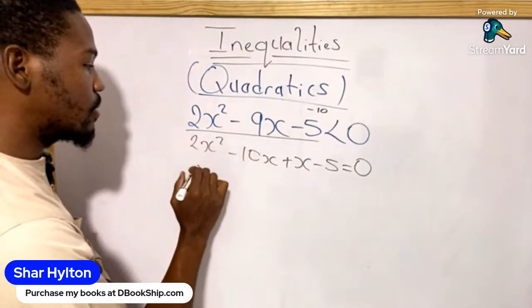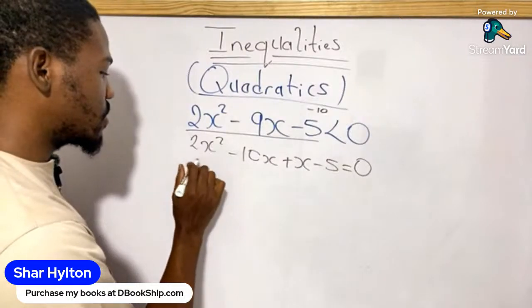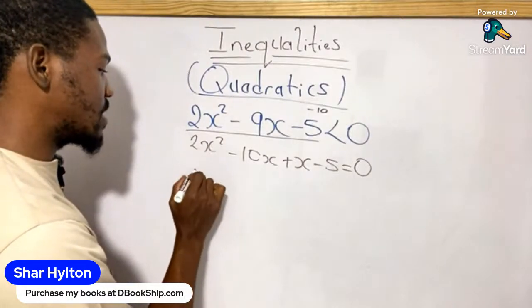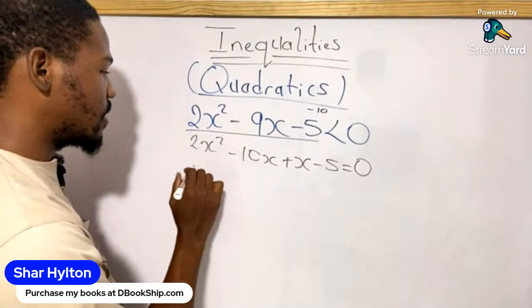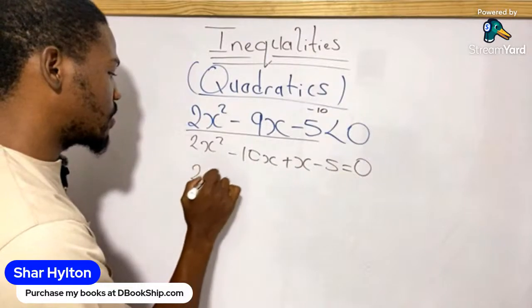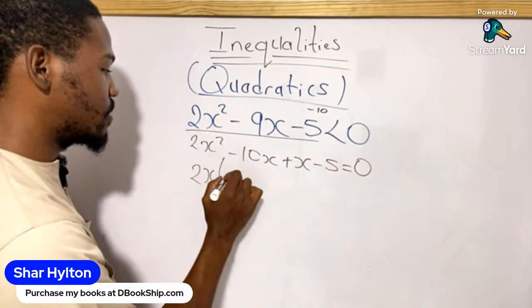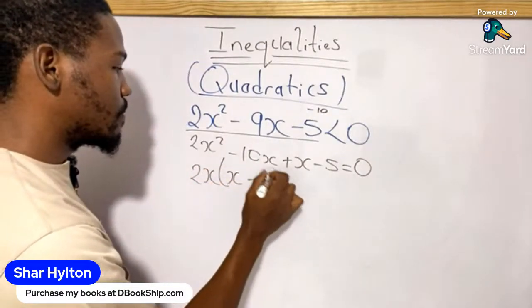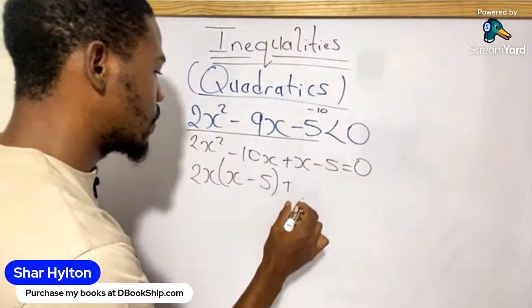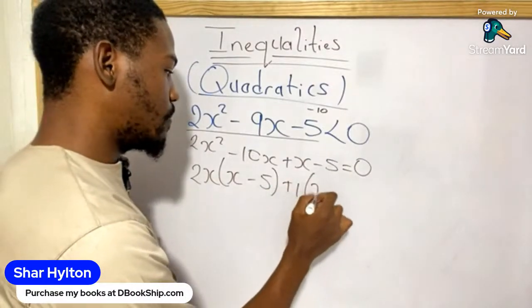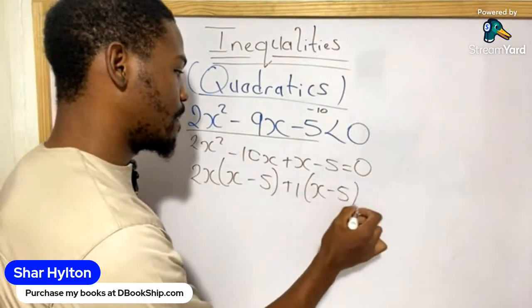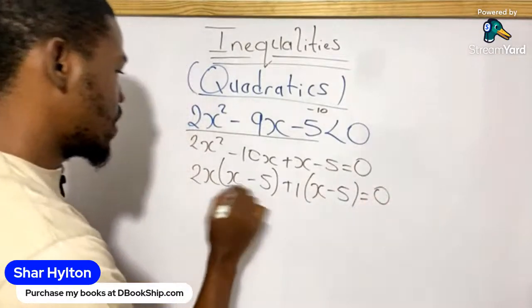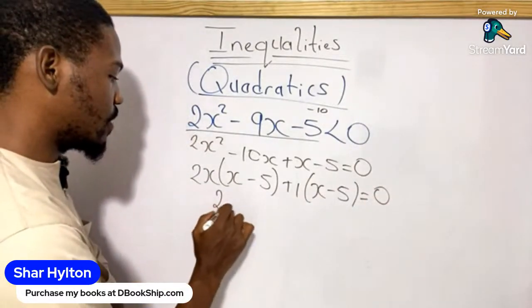Having that, I'm now going to factorize and simplify this entire equation. I'm going to factor the 2x here, and I'm also going to solve for x.